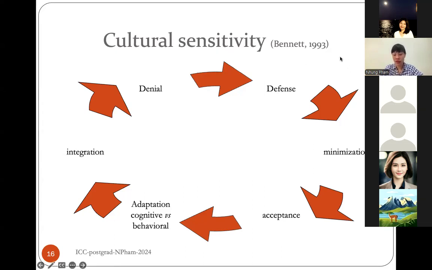Now, before we finish for tonight, which I think is quite long enough, we'll look at something called cultural sensitivity. It refers to the process of how a person experiences and comes across cultural differences.